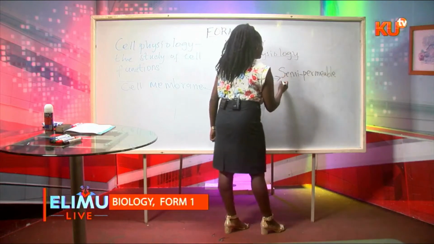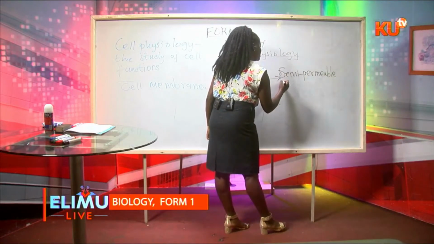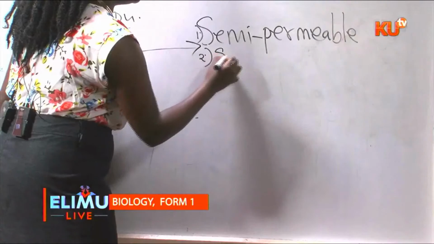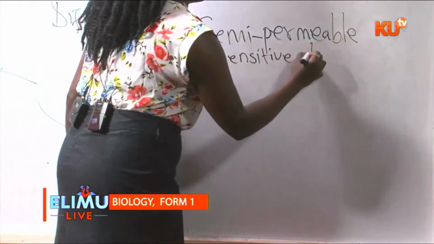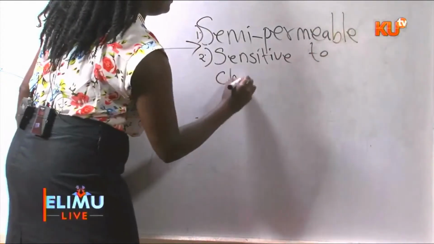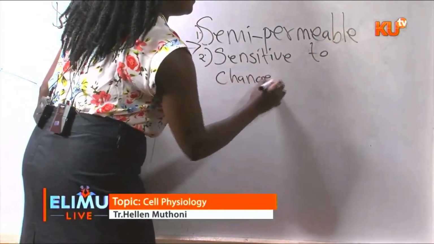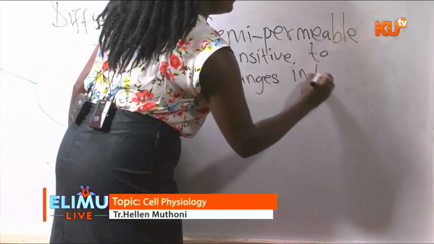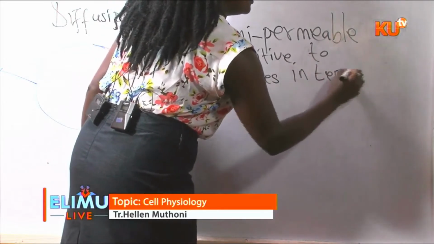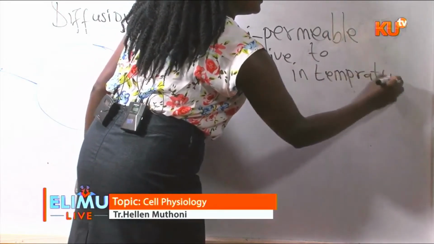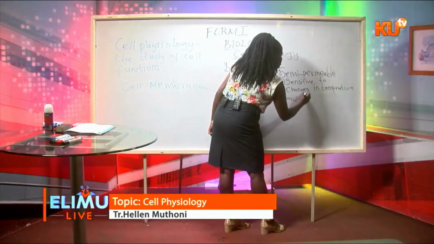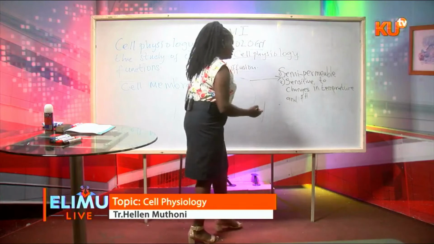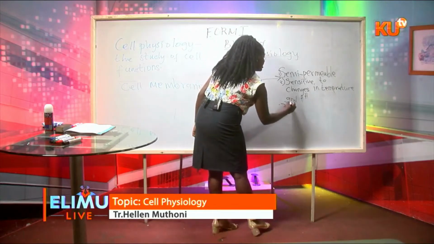The second characteristic is that it is sensitive to changes in temperature and pH. And lastly, it is polarized.